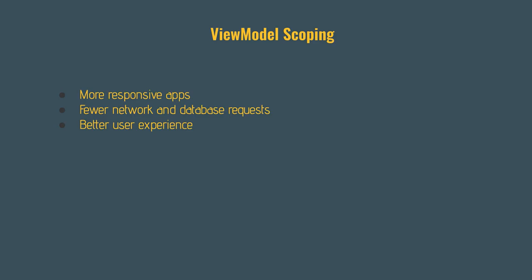The view model becomes very clear how it's taking in data and then formatting that and exposing it to the UI. And we'll take advantage of view model scoping so that we're not reloading and reformatting data when the device is rotated. And so with that, we'll go ahead and jump over to Android Studio and dive into our code updates for the week.